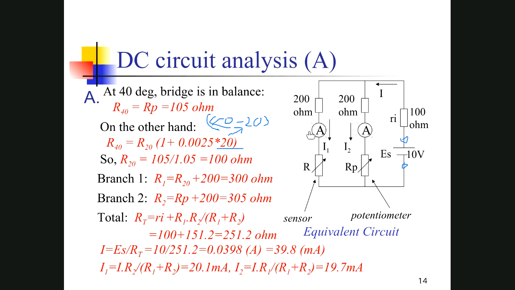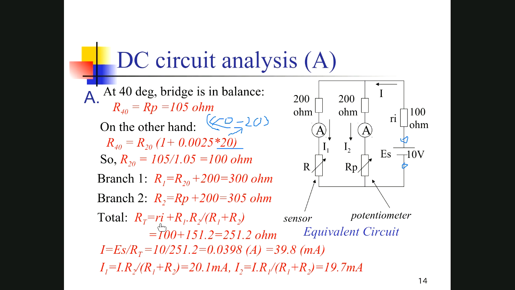That means branch 1 R1 and branch 2 R2 in parallel, and then in series with Ri.